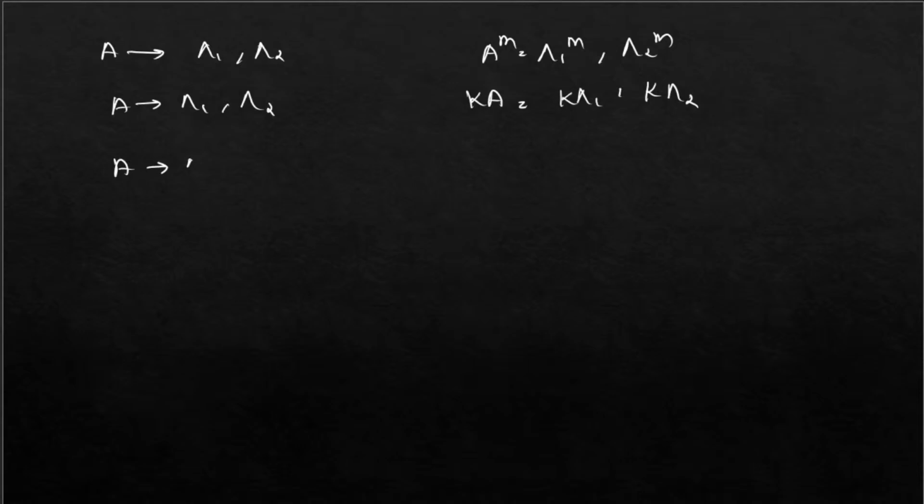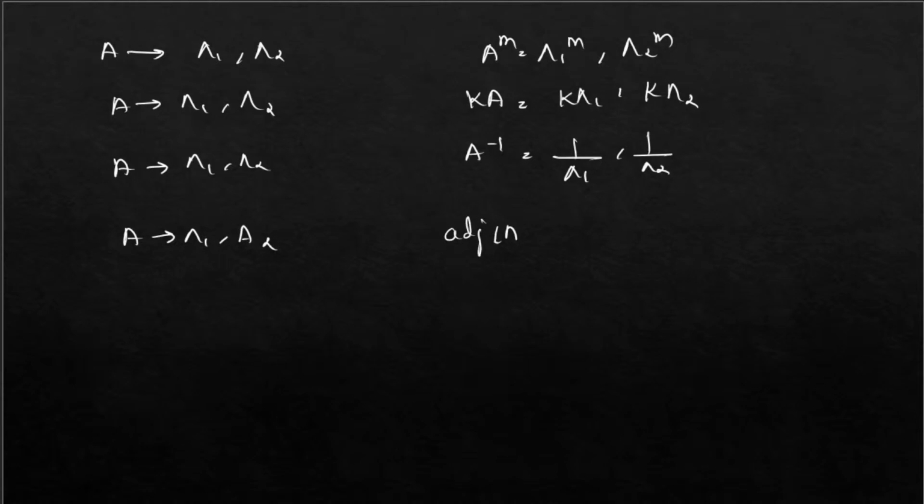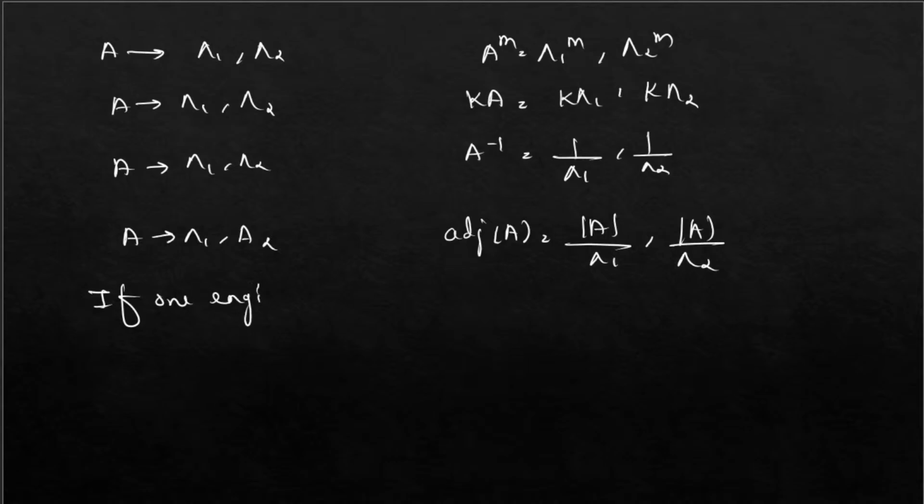If A has eigenvalues lambda 1, lambda 2, and this is the inverse, then it will be 1 upon lambda 1, 1 upon lambda 2. If A has eigenvalues lambda 1, lambda 2, then the adjoint of A has eigenvalues determinant of A upon lambda 1, determinant of A upon lambda 2. Okay, if at least one eigenvalue is 0, then the determinant of A is 0.